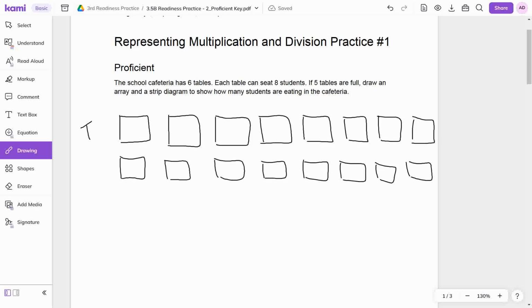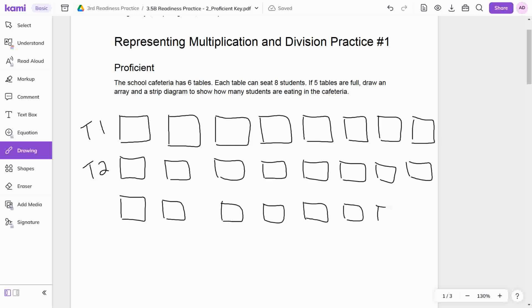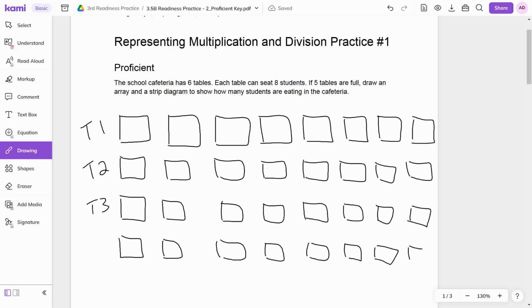that table. So I can label that table 1, table 2, and I'll make this table 3. So I will have 8, 16, 24 so far. And then this could be another set of 8. So 8, 16, 24, 32.